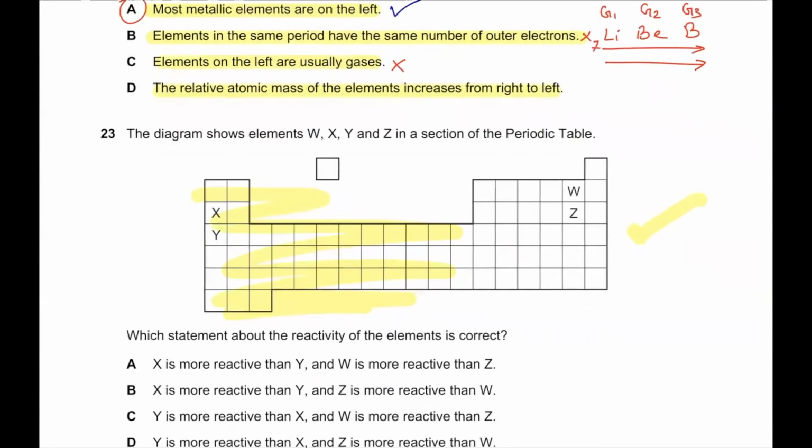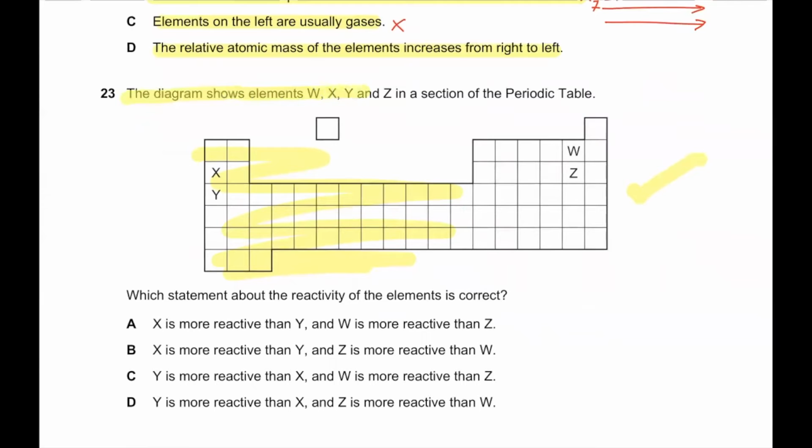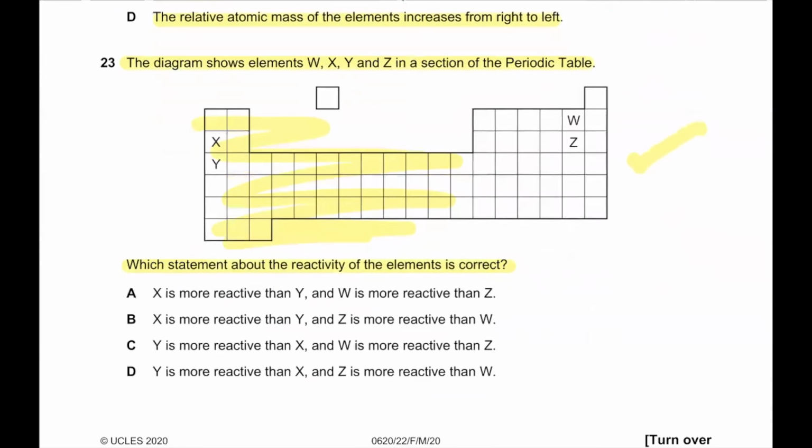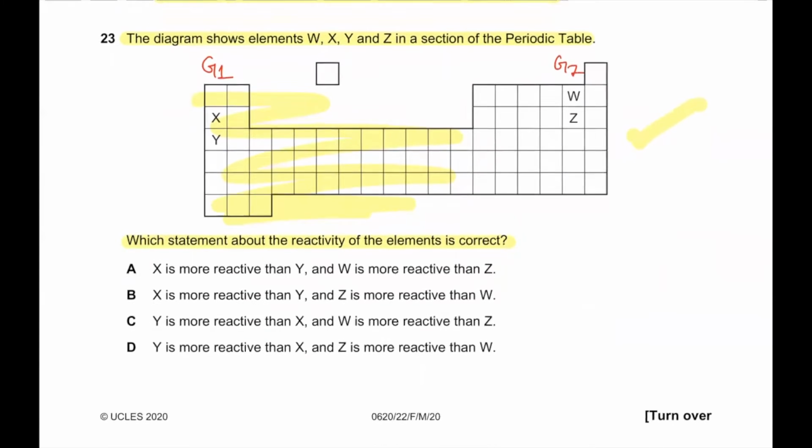Question number 23. The diagram shows elements W, X, Y, and Z in a section of the periodic table. Which statements about the reactivity of the elements are correct? First of all, we can confirm from the periodic table this is a group 1 element and this is a group 7 element. So group 1 and group 7 elements will react in a 1:1 ratio.